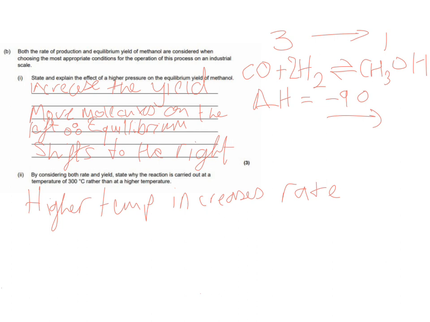The backwards reaction, which must be endothermic, would be favoured by higher temperature. If the backward reaction would increase, then the yield would decrease. The yield would decrease because the backwards reaction is favoured.